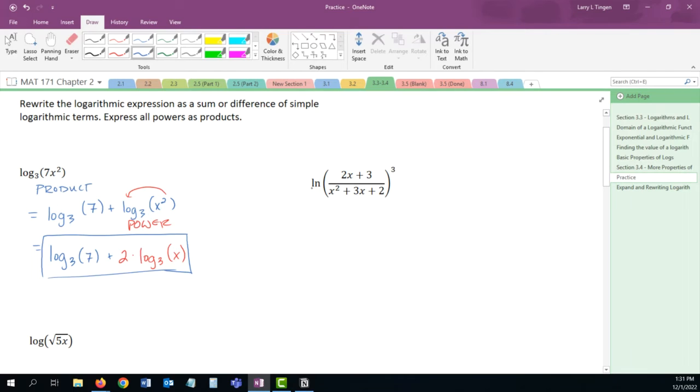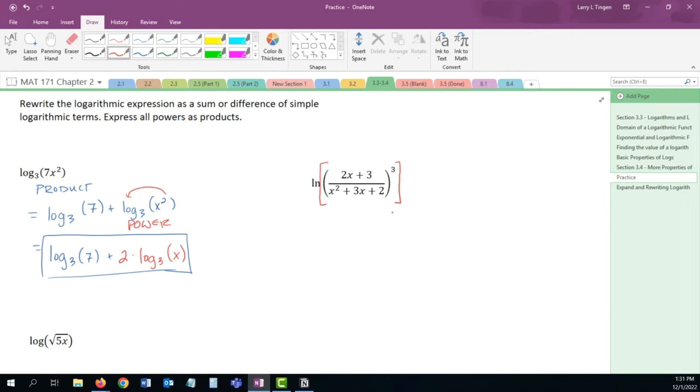Okay. Next, I have the natural log of, and I remember coming up through math, I was always very confused if the notation wasn't perfect. That is the natural log of 2x plus 3 divided by x squared plus 3x plus 2, close quantity cubed.